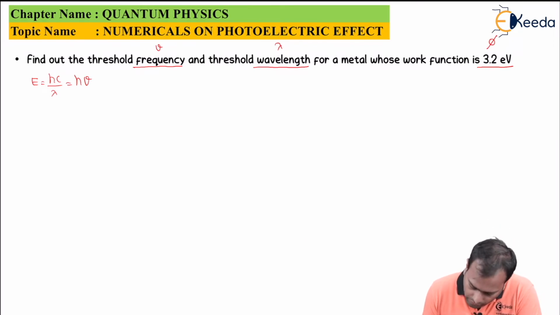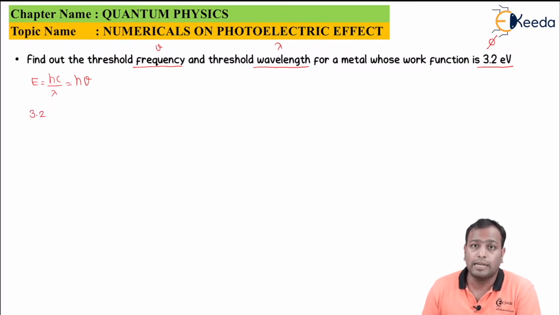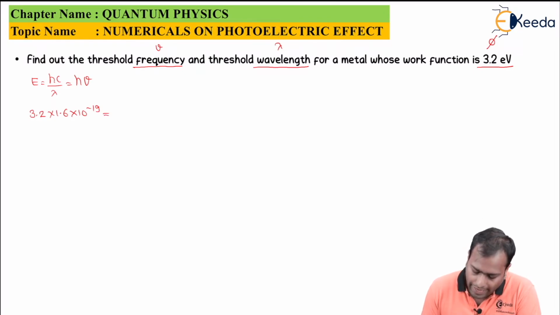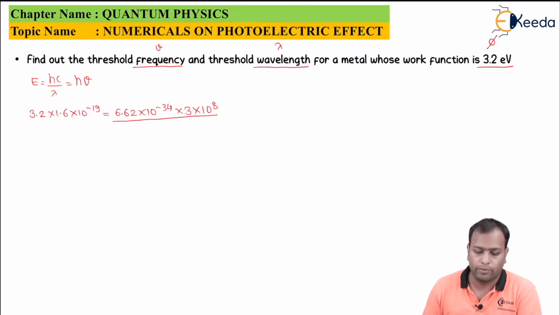Substituting the values, I would say 3.2. Now this 3.2 is nothing but electron volts, so I'll be multiplying it with 1.6 into 10 to the power minus 19 to get my energy value in joules, which now equals h, which means 6.62 into 10 to the power minus 34 times 3 times 10 raised to 8 divided by lambda, that needs to be found out.